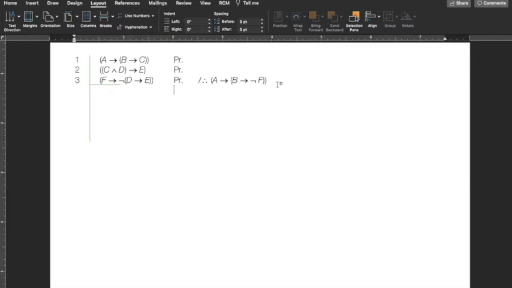Now, how do you start at this point? The first thing that I would suggest doing is looking at your assumptions, your premises, seeing if there are any proof rules that you can apply that don't demand subproofs. So, for example, if it was possible to apply conditional elimination with the assumptions you have already, it would likely be beneficial for you to do so.